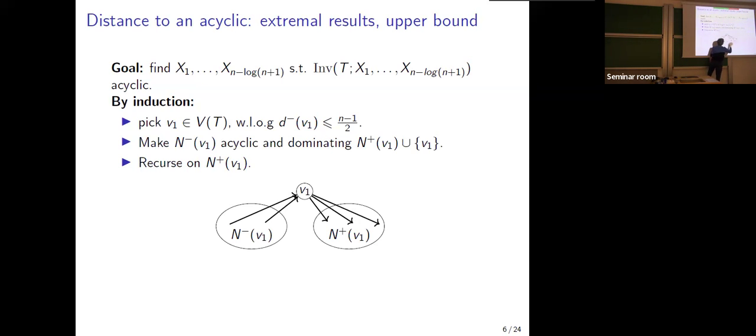If we want to apply induction on this, V1 is already a source in this subtournament. And so we skip one inversion compared to the previous method. Every time we multiply by 2 the number of vertices, we are able to save one inversion compared to the previous method. So this gives this n minus log n.